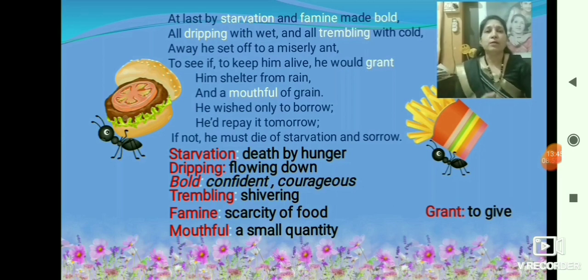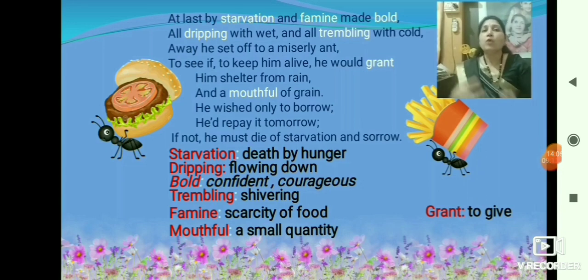Shelter from rain means उसको रहने के लिए, रेन से बचने के लिए घर भी नहीं बनाया, कुछ भी नहीं बनाया, है ना. So to save him from the rain, he requires shelter, and he thinks that the ant will give him shelter.